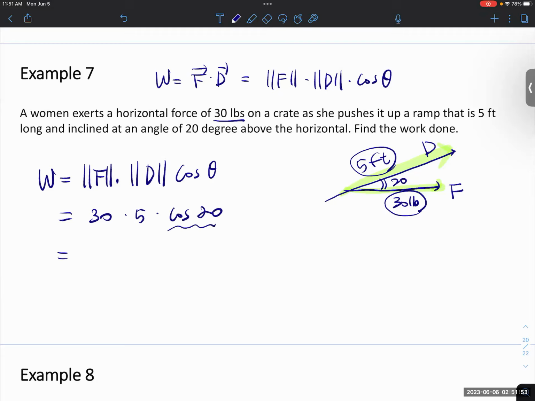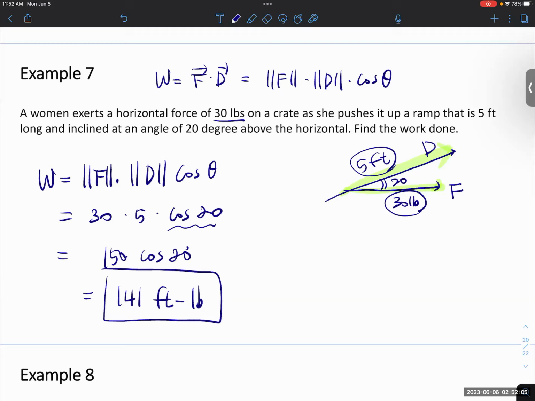For cosine 20, you can use a decimal, that's okay. If you multiply all together, it's going to be 141 foot-pounds. So that's the work that we are looking for. Nothing is special, just the same idea, the information between two vectors.